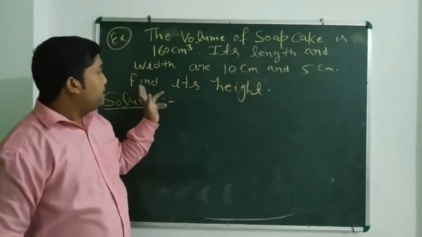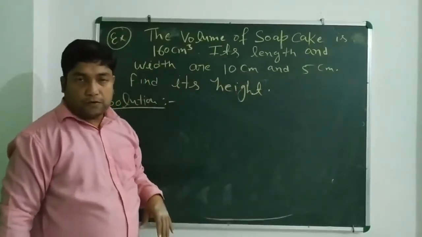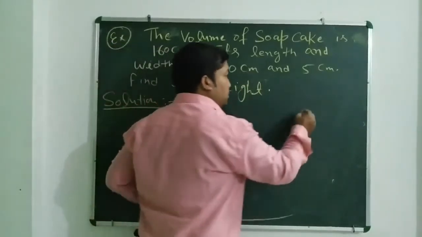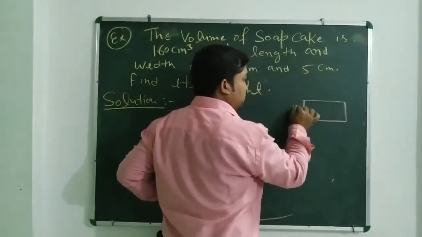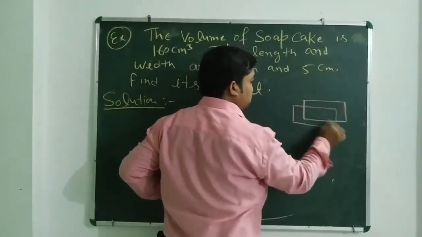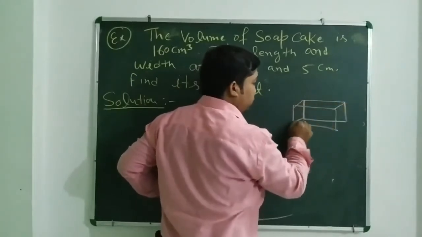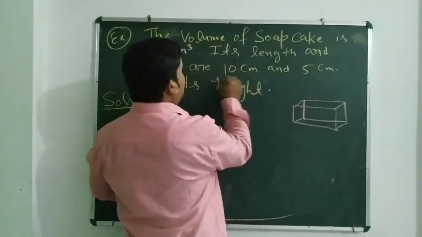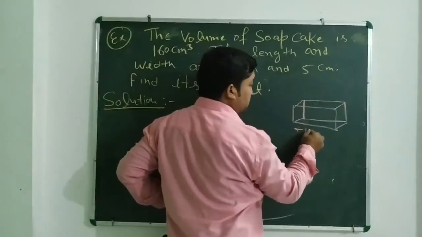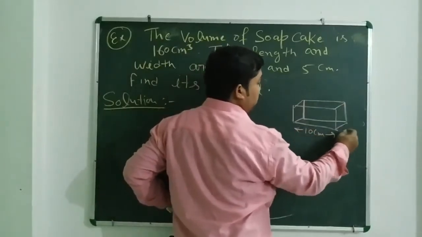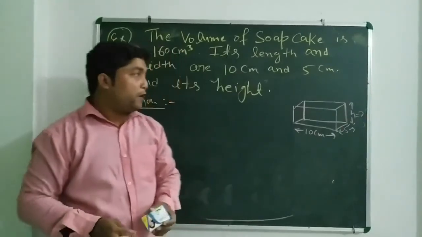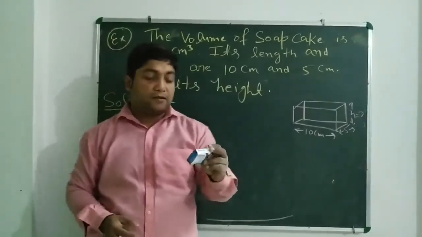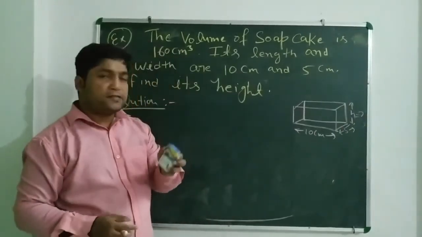Then find its height. For example, we have a soap like that, with a given length of 10 centimeter, and the breadth.